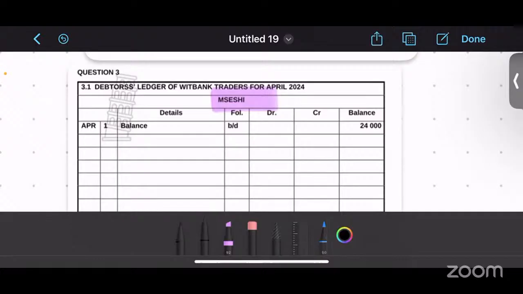Ma'am, aren't you asking about the first transaction, like the balance brought down one? Yeah, I'm asking about it. Yes, ma'am. You don't write in either debit or credit. You just write the amount in balance. Perfect. So you don't write anything, you just go to the next line item.